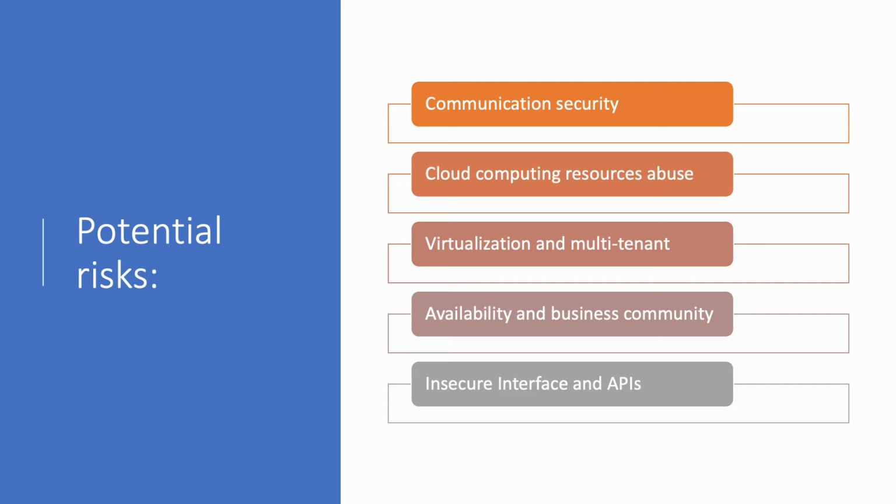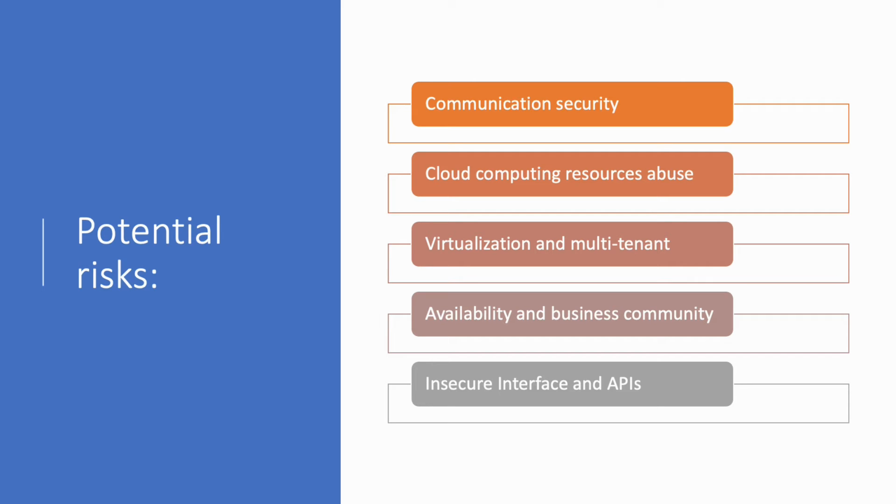For example, for communication security, a trusted channel should be used for data transmission so that the data can't be stolen. And when it comes to cloud computing resources abuse, the use of cloud services should be carefully monitored because malicious users can launch a huge attack at a low cost using low cost cloud services and resources.